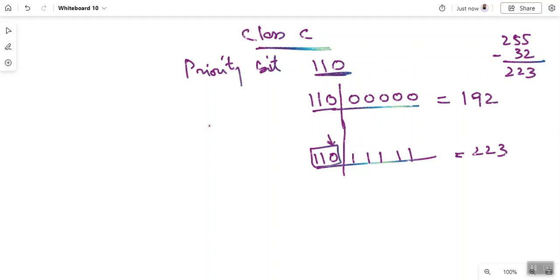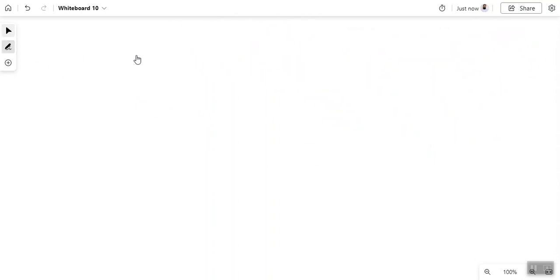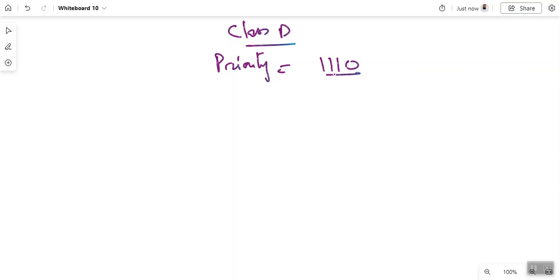Understand? Now when we are talking about class D, class D has 4 priority bits: 1, 1, 1 and 0.